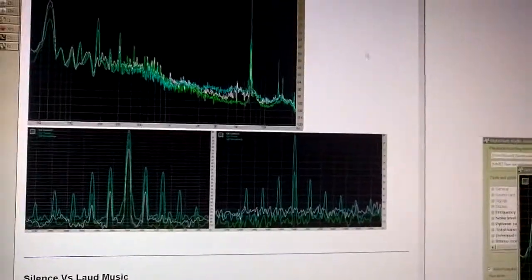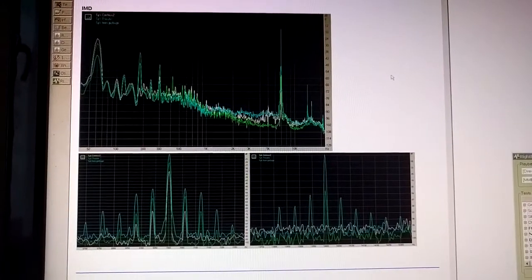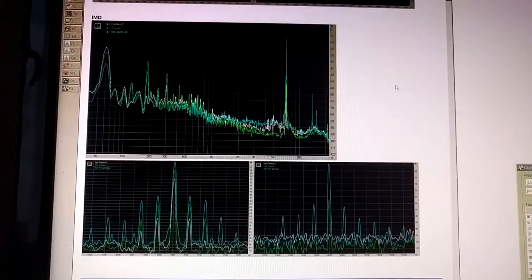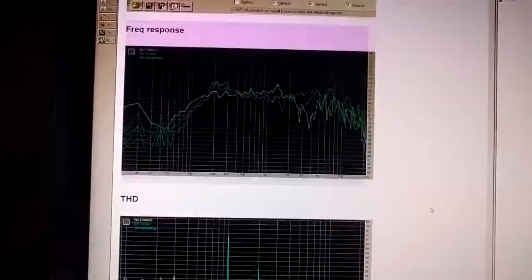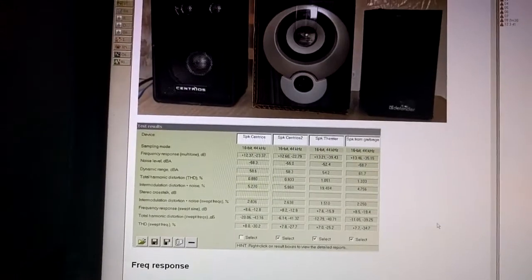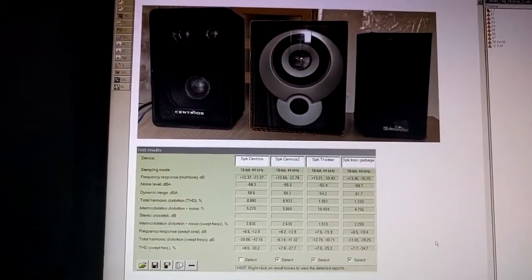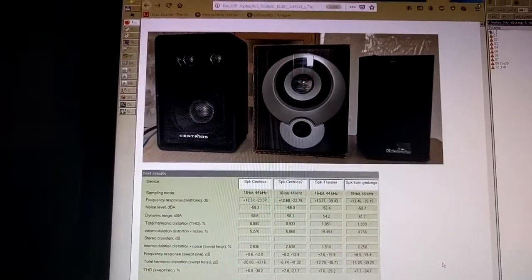So it appears that the speaker does not have the tendency to have this intermodulation or total harmonic distortion. So once again, to summarize the result, we can say that the acoustic system is way better than I was expecting.